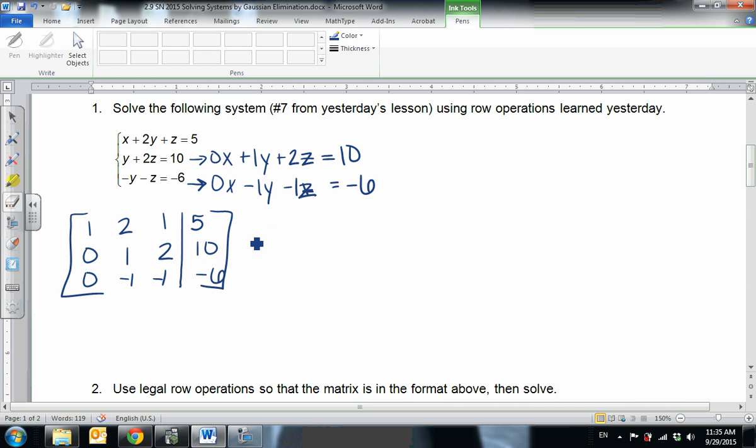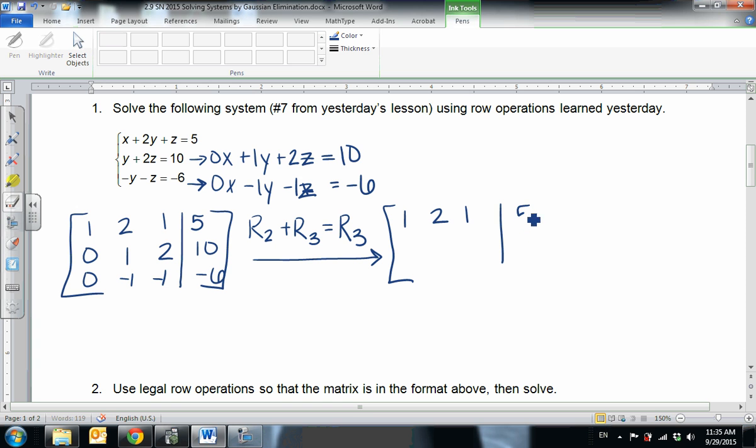All right, yesterday they told us to do the operation R2 plus R3, and we're going to replace R3 with that new row. So we're going to let R2 plus R3 be the new R3, the new row 3. So let's go ahead and do that. Does row 1 change? Nope, so go ahead and recopy row 1. 1, 2, 1, 5.